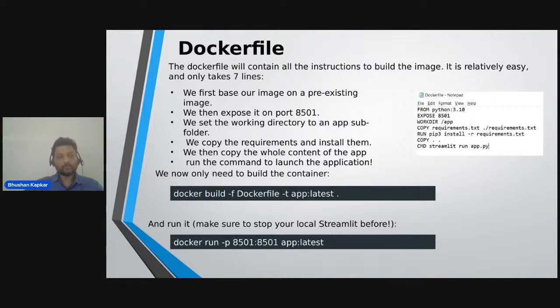That's how we make sure that our app is up and running with the help of localhost:8501. Whatever app you have built, you can make sure that it's up and running. That's how we build the entire Docker image for it.